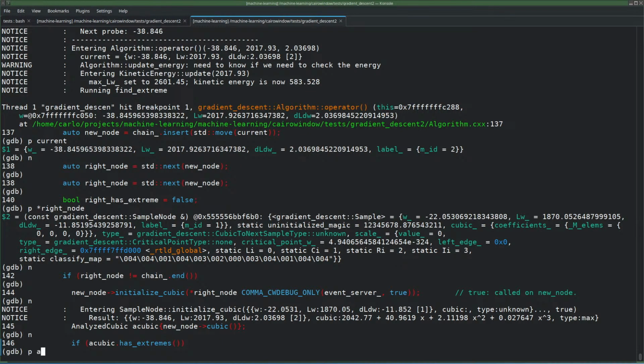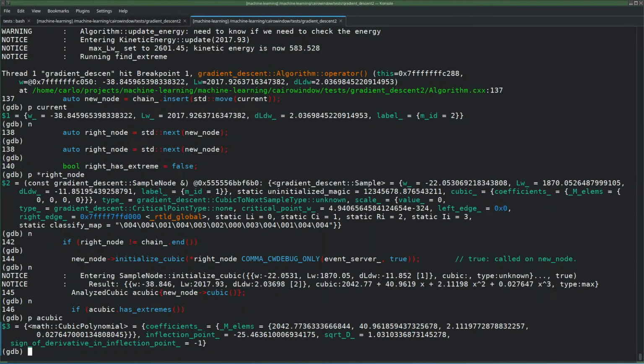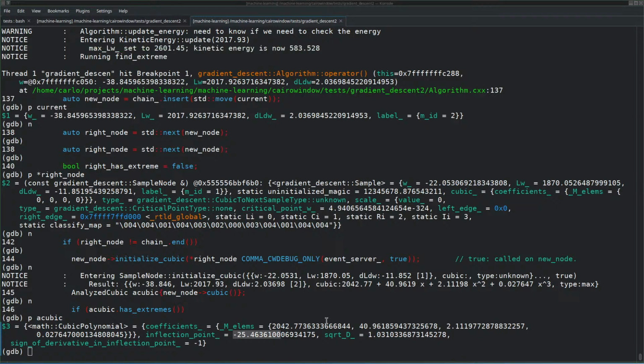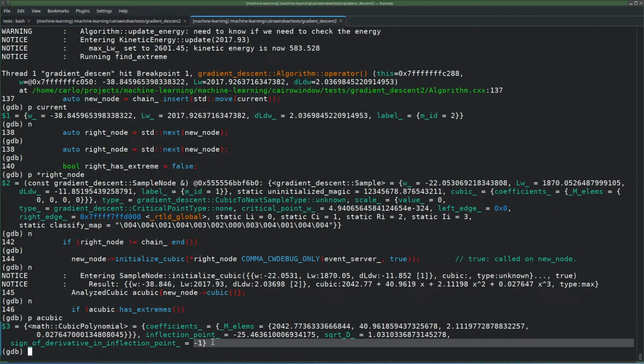Well, I can actually just print a cubic here, and then we see the cubic, and the inflection point is minus 25. Yeah, okay, so here's the inflection point of the thing. And the square root of d is 1. Oh, well, no. This is correct, but this is nonsensical.